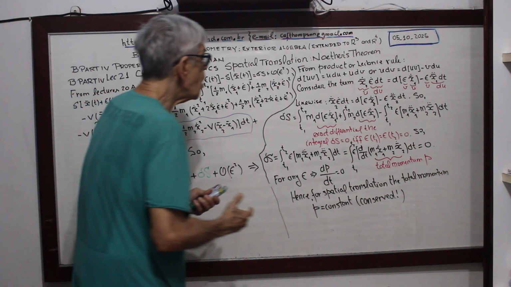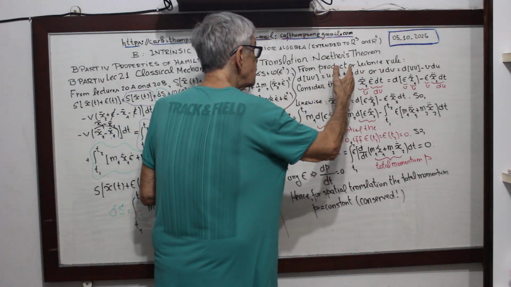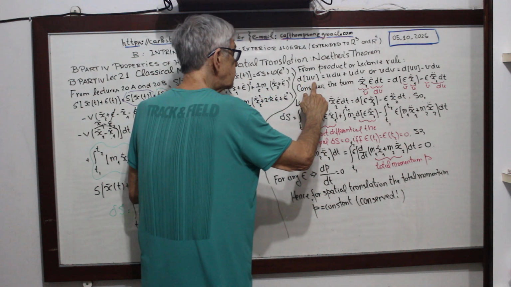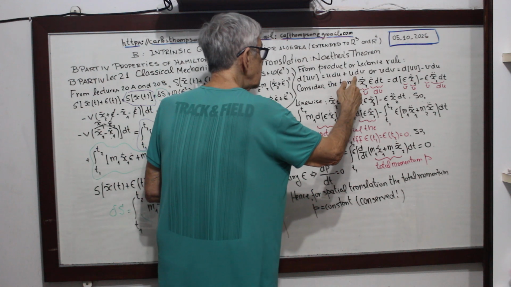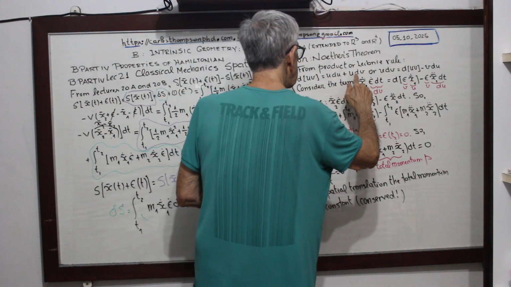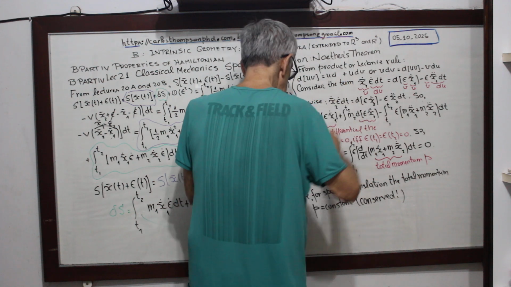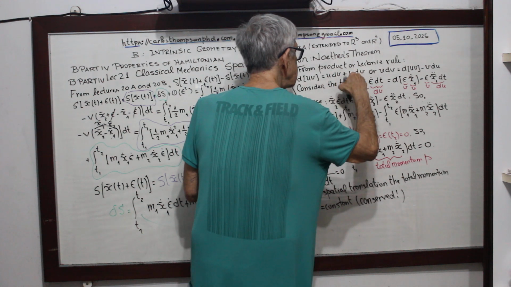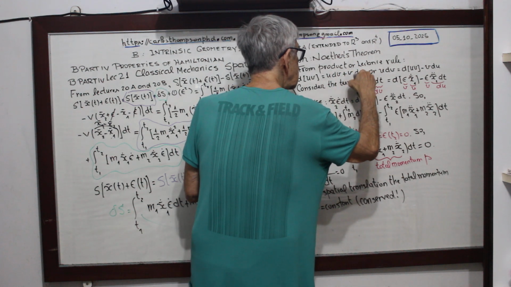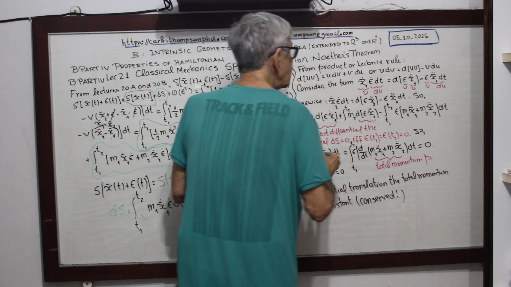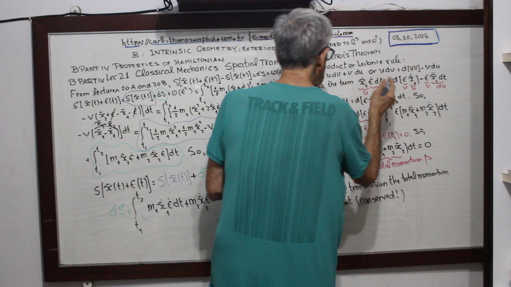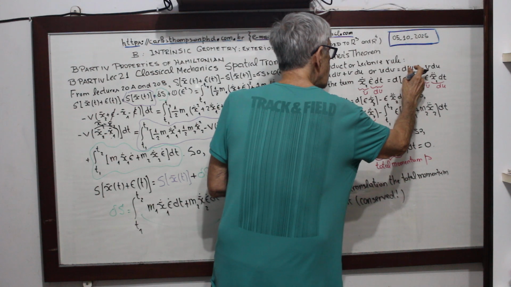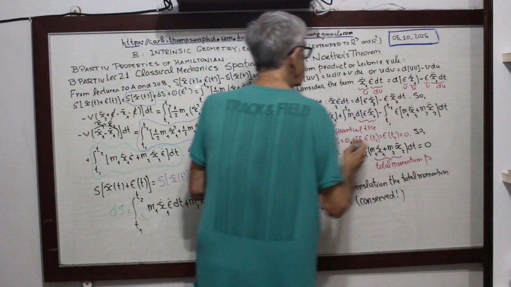So now, from the product or Leibniz rule, this is a differential of the product: d(uv) equals u dv plus v du. So here I can write u dv is the differential of uv minus v du.